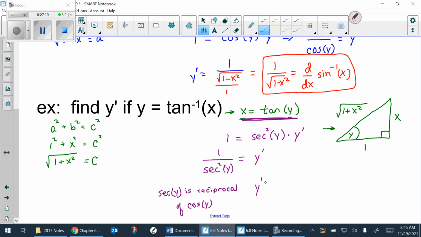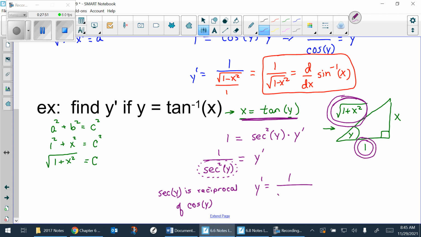Y prime is equal to 1 over... Now I got to find secant. Secant is the reciprocal of cosine. Cosine is adjacent divided by hypotenuse. So secant is going to be hypotenuse divided by adjacent.